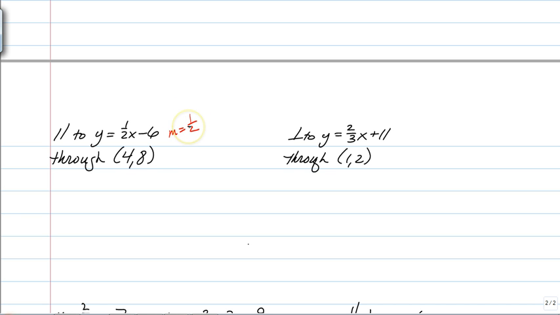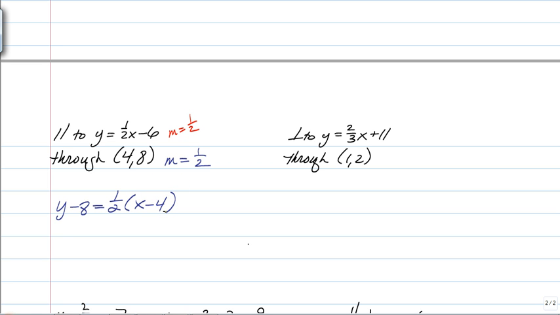So if the slope of that line is 1/2, now we just have to think about parallel lines. Parallel lines have the same slope, so this is basically a line with a slope of 1/2 through the point (4, 8).